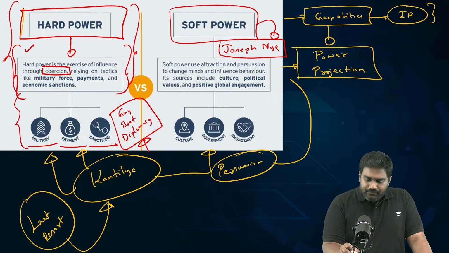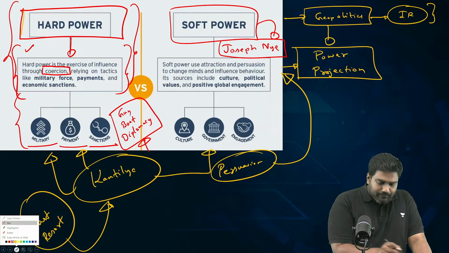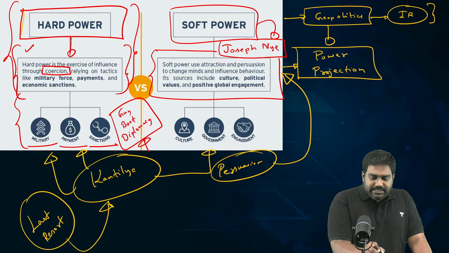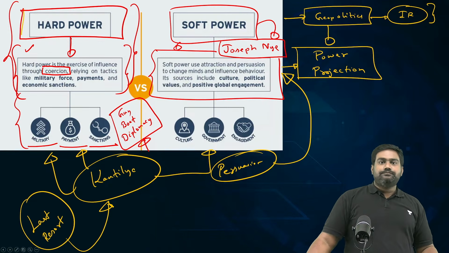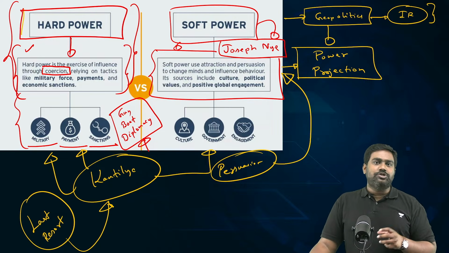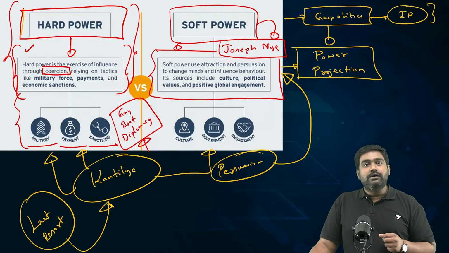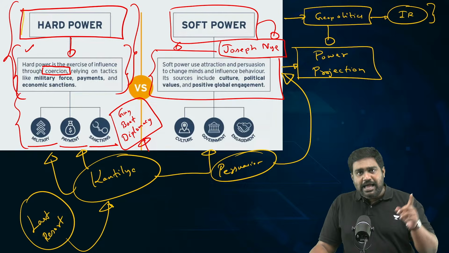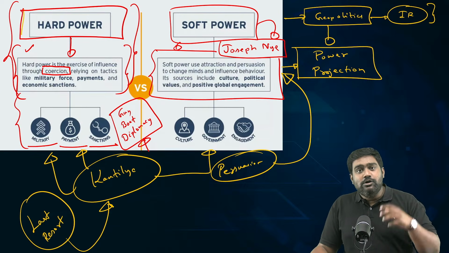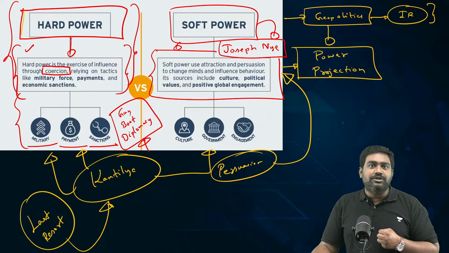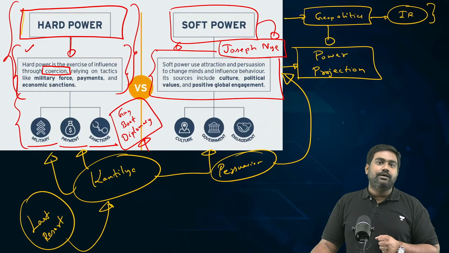Persuade someone, attract someone. Let's say you want to go on a trip with your friends and you want your parents' permission and you want to get money from them. Will you go threaten your parents, blackmail them, or will you plead with them, try to attract their attention, try to persuade them?